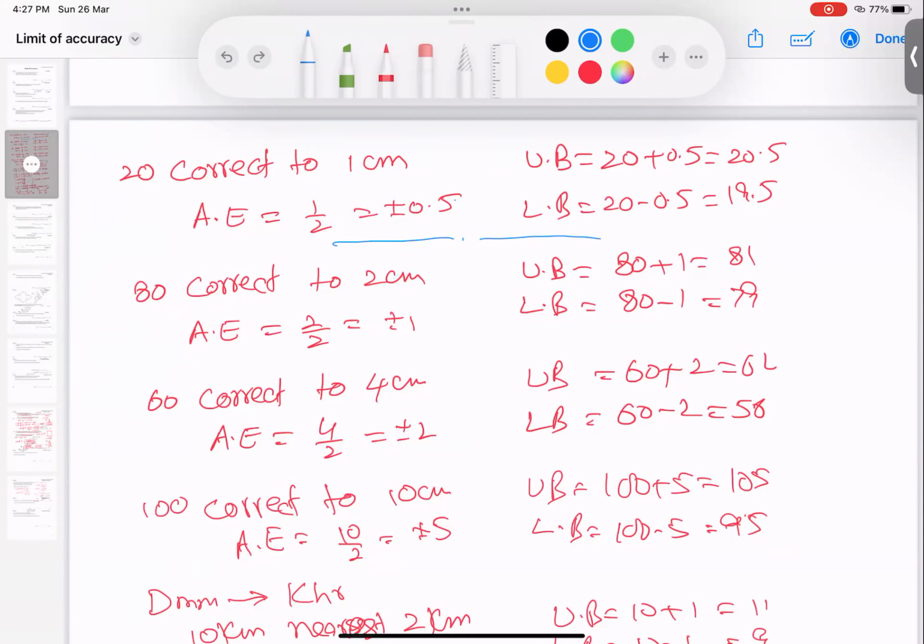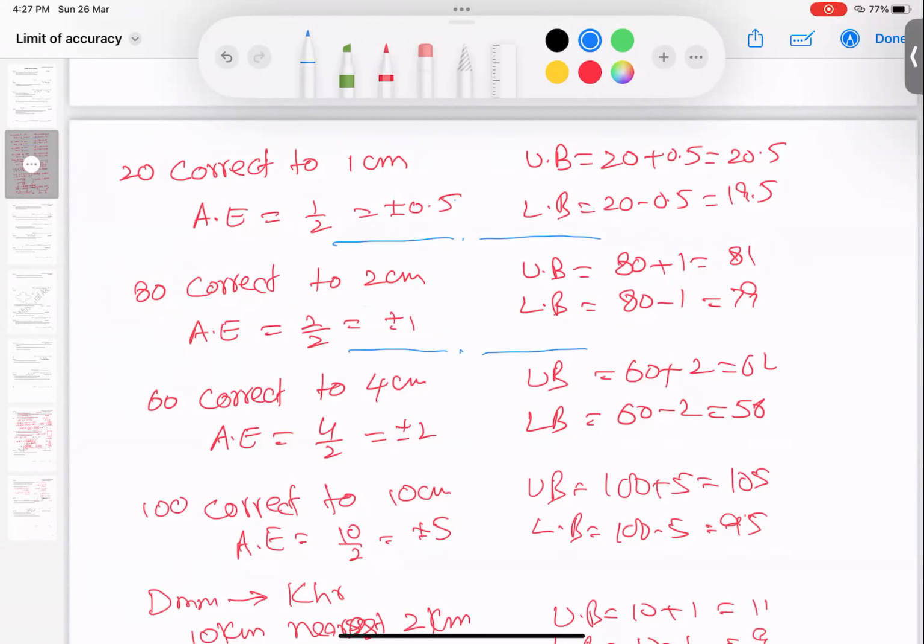First I divided 1 centimeter by 2, now I divide 2 centimeters by 2. I get plus and minus 1. This 1 I will add to 80 and once subtract from 80. If I add to 80, I get the upper bound. If I subtract from 80, I get the lower bound. I believe you're understanding.